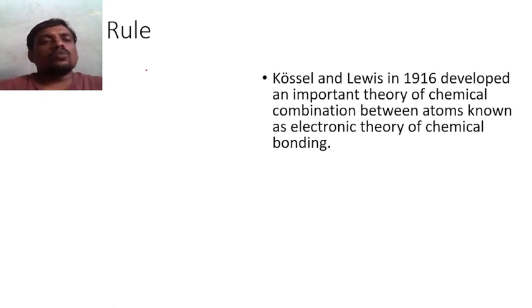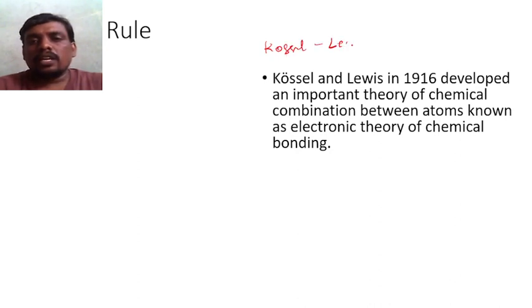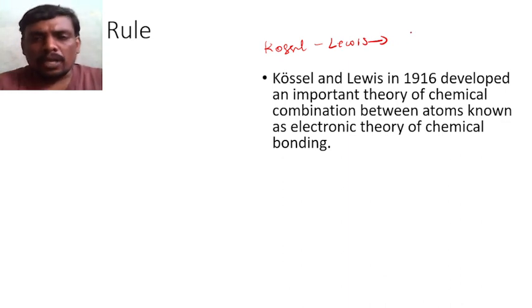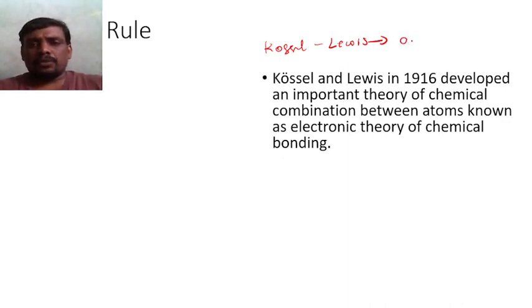Now we are going to learn one more rule called the octet rule. What is the octet rule? Kossel and Lewis in 1916 developed an important theory of chemical combination between atoms, known as the electronic theory of chemical bond.